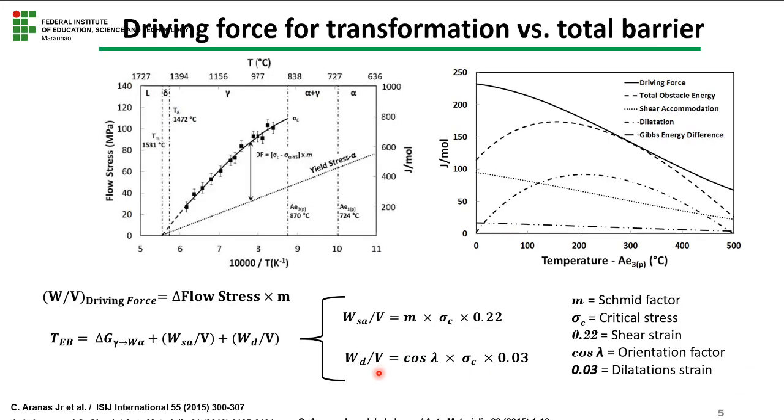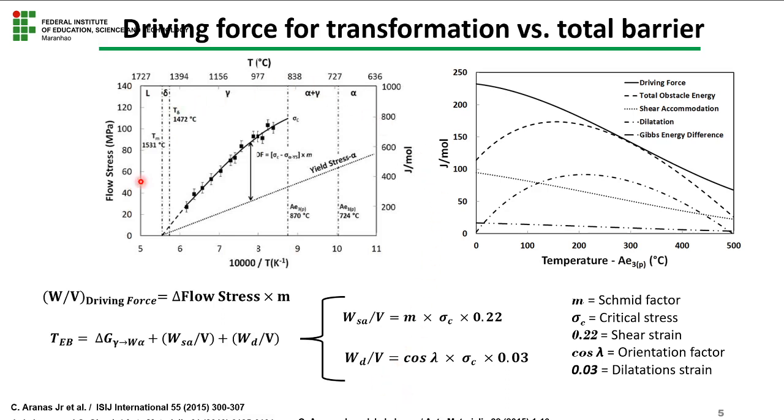What is the driving force for this transformation? And what is the thermodynamic barrier that avoids this kind of transformation? Under stable conditions, austenite exists above the A3 temperature. This also depends on chemical composition as well.